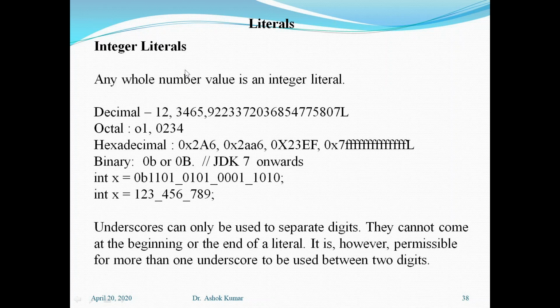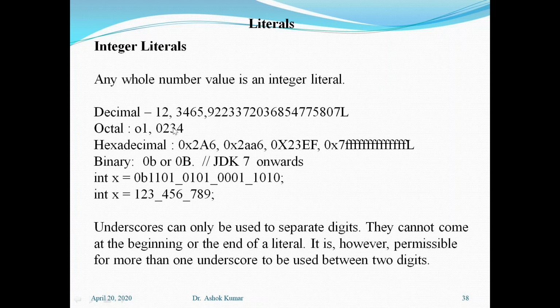Your integer literal can be represented in octal also, and if the literal is in octal, then you start it with 0. So 01 is an octal literal. This is the rule: the number that you want to represent in octal should have the prefix 0. So here 2234 is in octal.